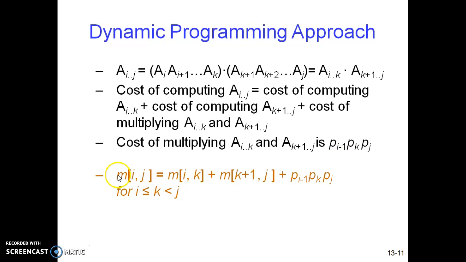That means the cost m[i,j] is represented by m[i,k] plus m[k+1,j] plus p(i-1) pk pj, where k lies between i less than or equal to k less than j. That means k lies between i and j.